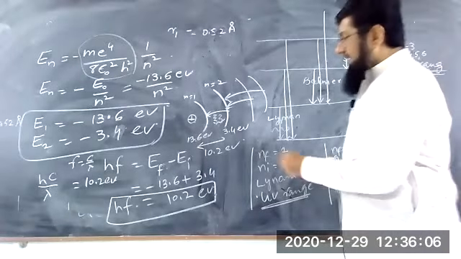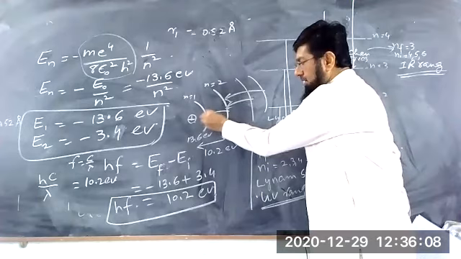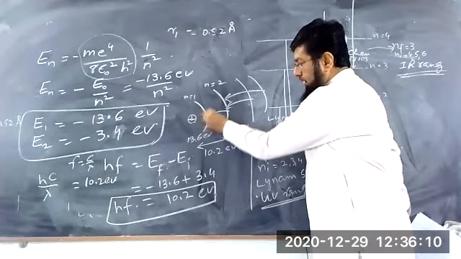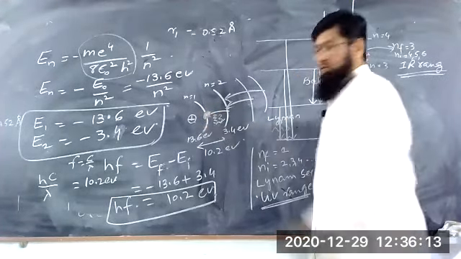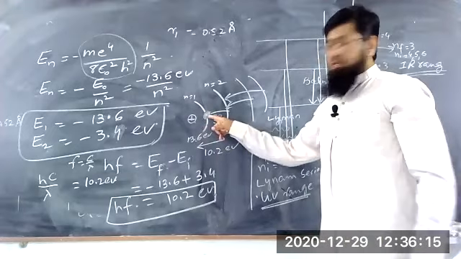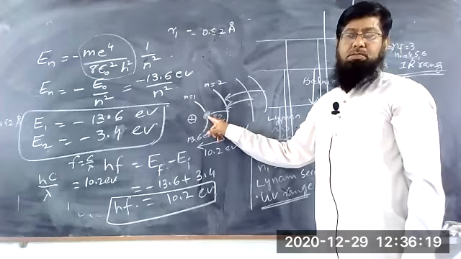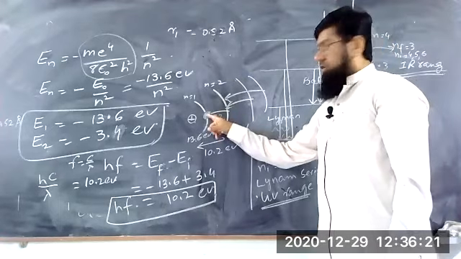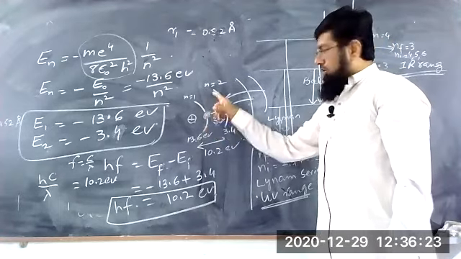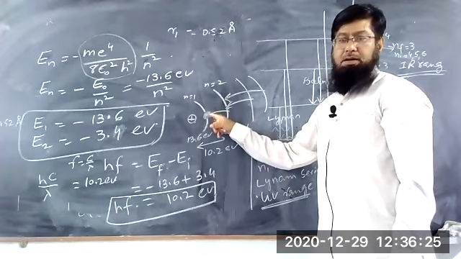According to quantum mechanics, what does it mean? Quantum mechanics says that the electron is here, n equal to 1, and the state of the electron can be described by a wave function. The wave function is a function which describes the state of the particle.